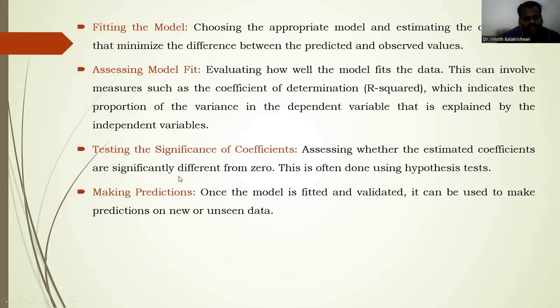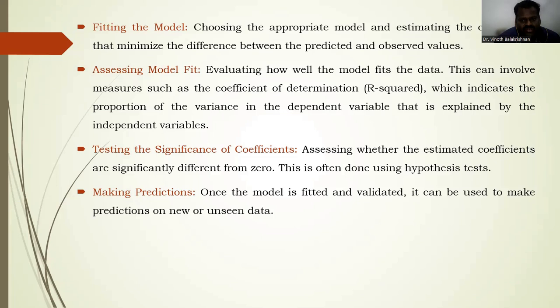The next step is significance. We have to test the significance of the coefficients, b0, b1, b3, etc. In the simple linear model, we can test the significance of the coefficients b0 as well as b1. In multiple regression also, we have many coefficients: b0, b1, b2, b3, etc. These techniques are used for assessing whether the estimated coefficients are significantly different from zero or not.